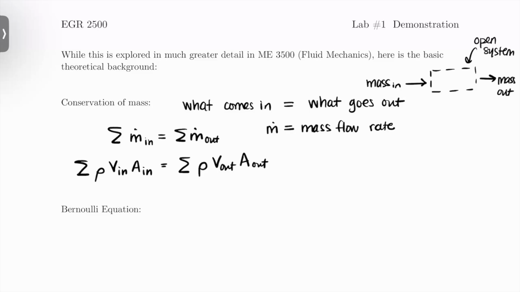All right. Something to note here is that this term, V times A, is our volume flow rate. And it is given the symbol V dot.